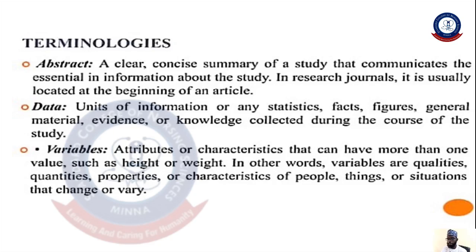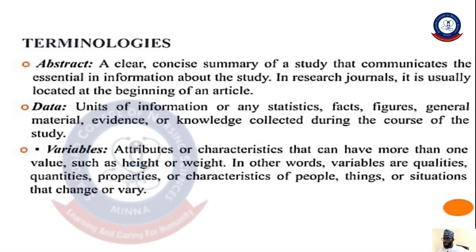Yes, from the beginning, having understood what research is, meaning you are digging into a new knowledge or into an existing knowledge, or you want to add to an already existing knowledge, you come across words like abstract. What is abstract?